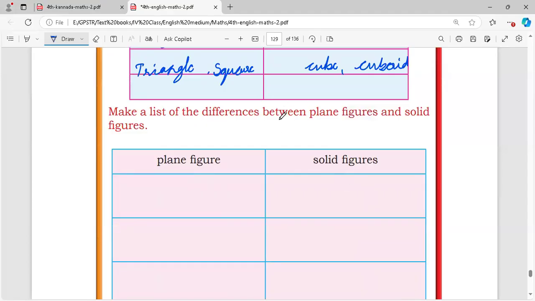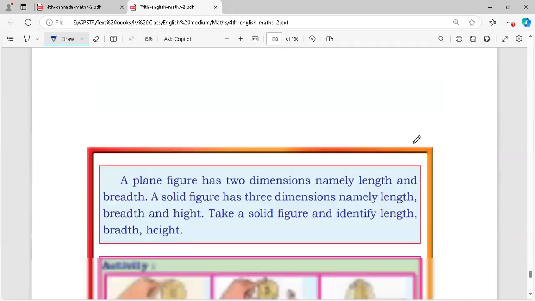Plane figures have two dimensions, length and breadth. Solid figures have three dimensions: length, breadth, and height. That's why solids are called three-dimensional.